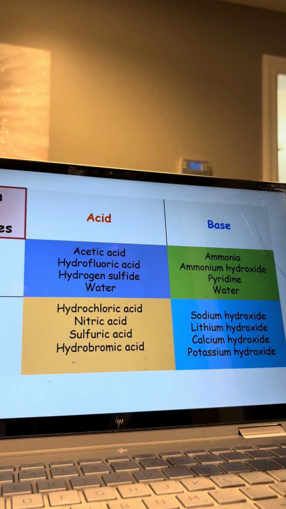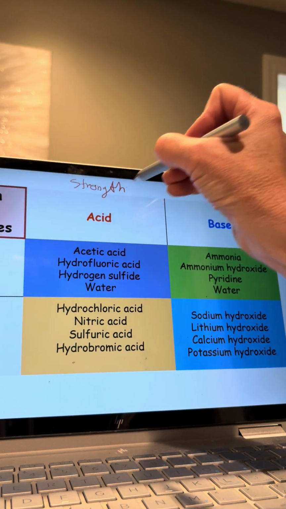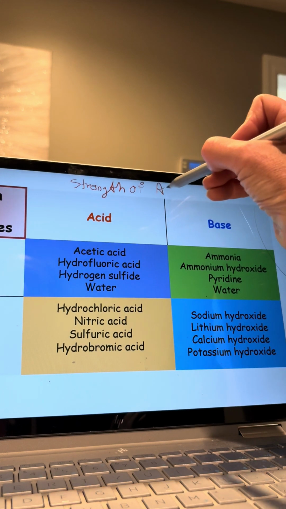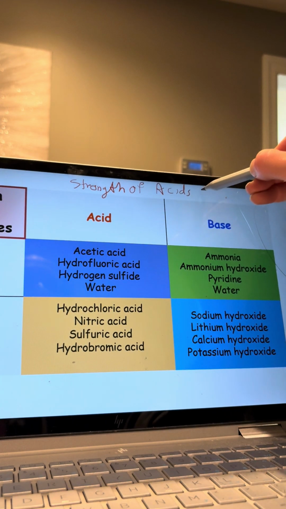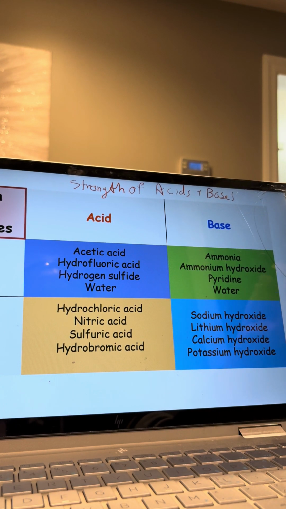So I'll just write down strength of acids and bases, and I'll show you what I mean in a moment once I write it down. So here's just some examples of weak and strong acids and weak and strong bases.